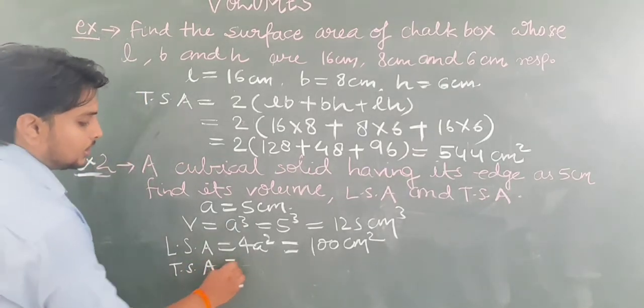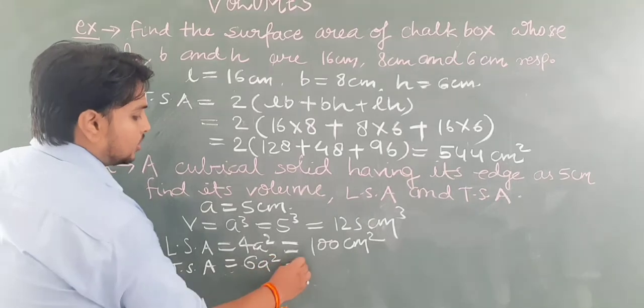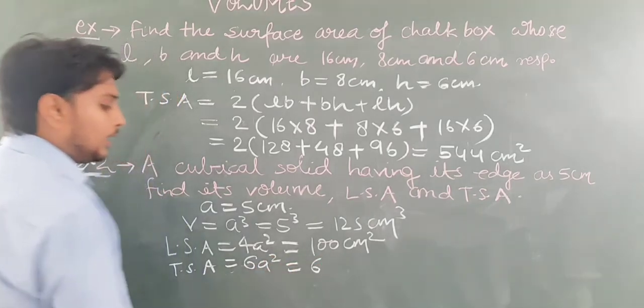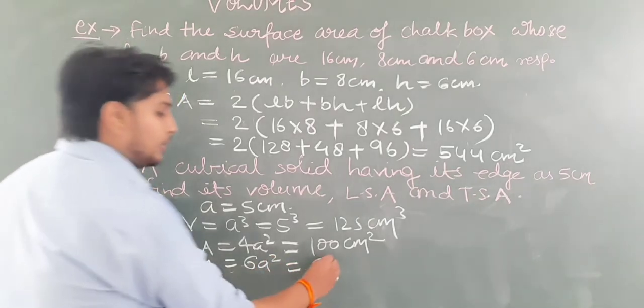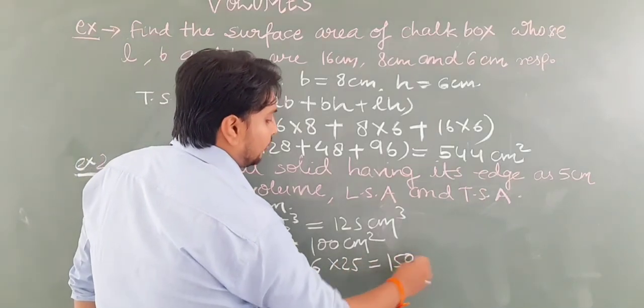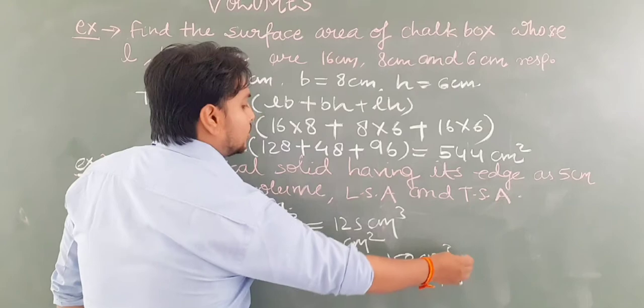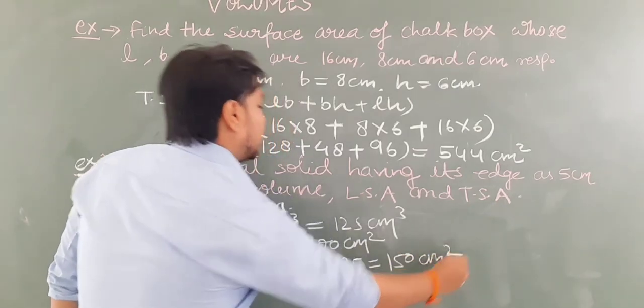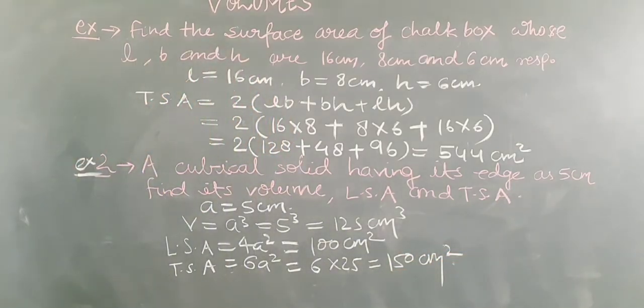Total surface area is 6A square. A square is 25, so 25 6s are 150 centimeter square. So this is how we solve the questions of this chapter.